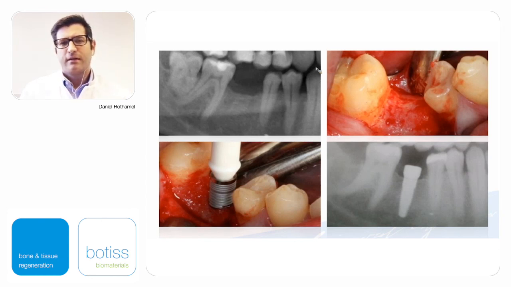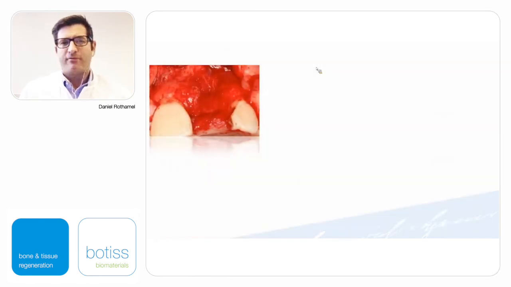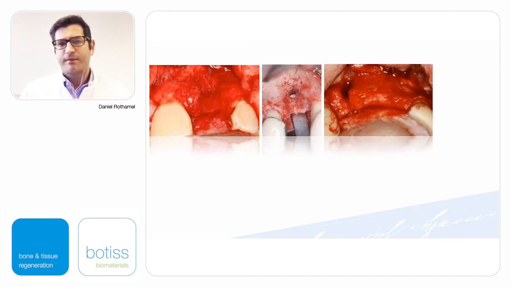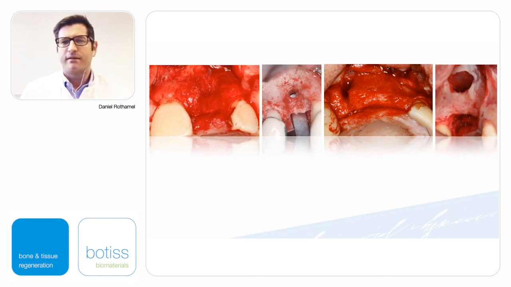However, as you all know, life can be more complicated. So we have to handle defects. It can be a horizontal defect. There can be some operations in the past that cost a lot of bone. Sometimes we have extended areas that need to be augmented.